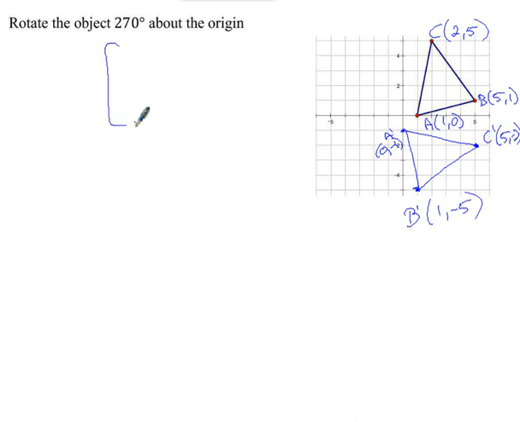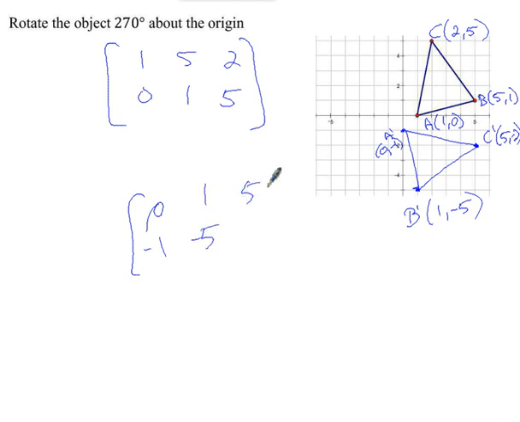The coordinate matrix is 1, 0, 5, 1, and 2, 5. The resulting matrix is 0, negative 1, that's a nice 0, 1, negative 5, and 5, negative 2. What do I need to do to make this happen?